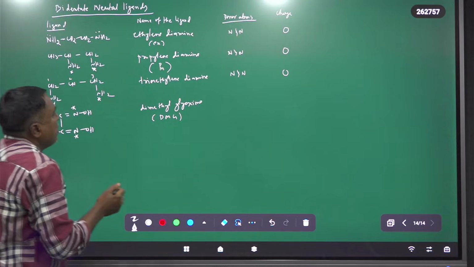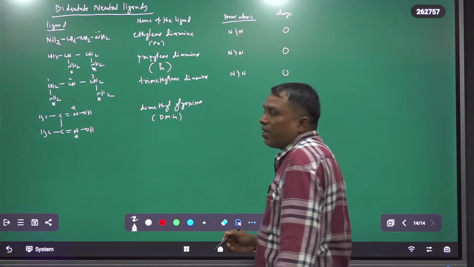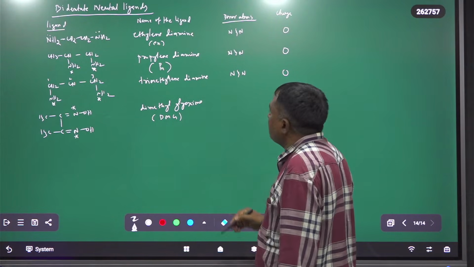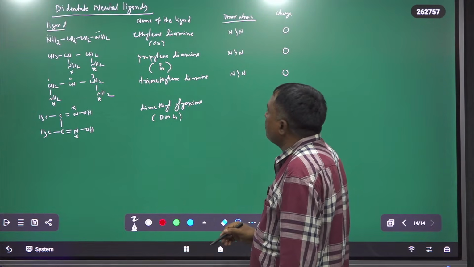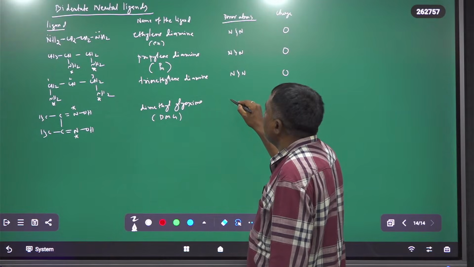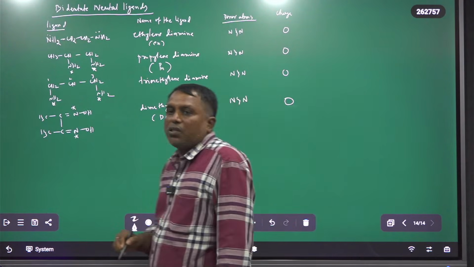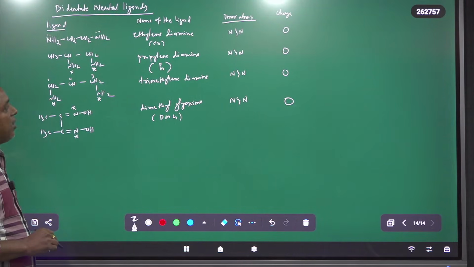It is neutral because there is no charge on dimethyl glyoxime, so the charge is 0. This is DMG, and both donor atoms are nitrogen and nitrogen.